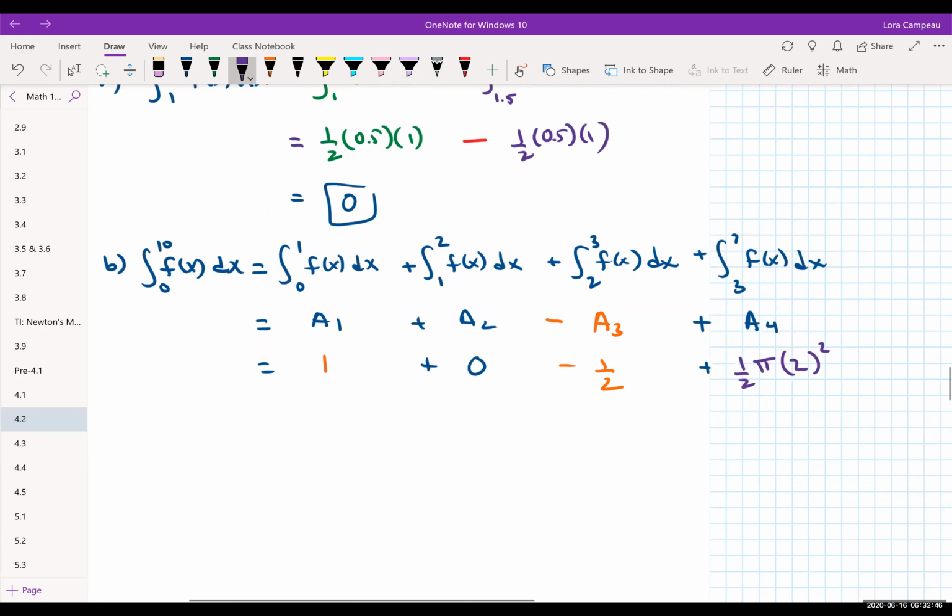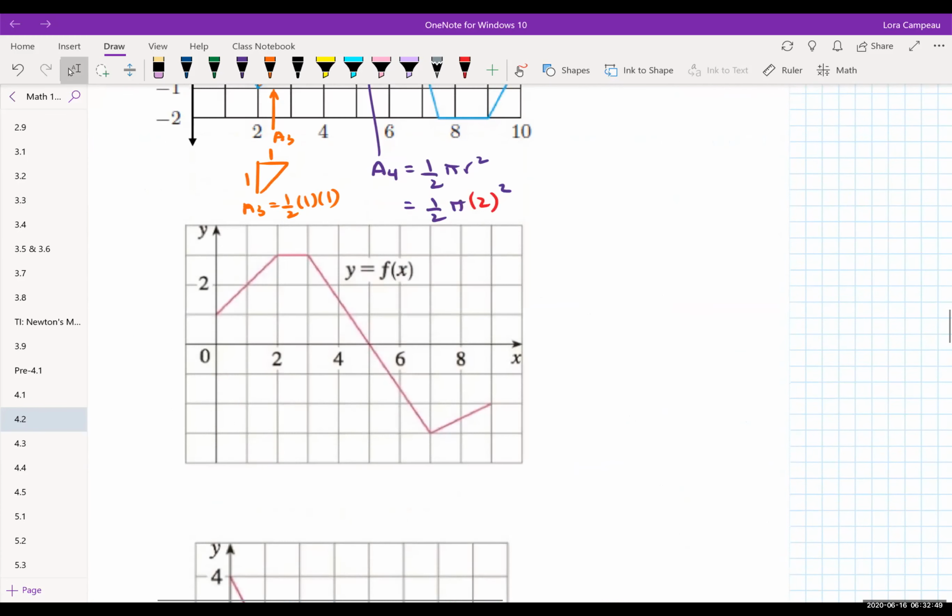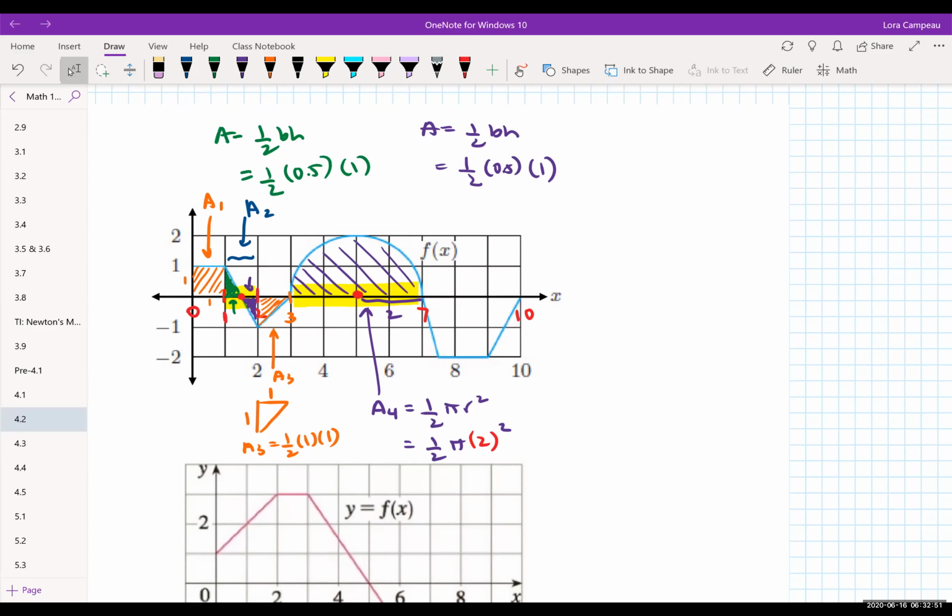So let's see if we got the entire function yet. We're almost there. There's more than one way to approach this. I'm looking at now what's happening from 7 to 10. And the way I see it, I am looking at area, but everything's completely below the x-axis. So what do I call that, area 5? And I can recognize that as a trapezoid. Or if you're interested, you could try to break it up into somewhat of rectangles and triangles.